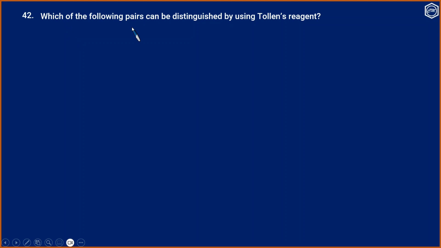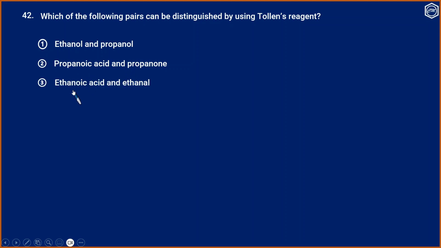Which of the following pairs can be distinguished using Tollens reagent? Ethanol and propanol, propanoic acid and propanol, ethanoic acid and ethanol, methanoic acid and propanol.